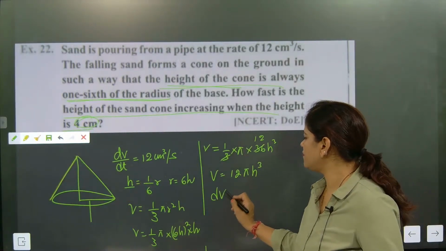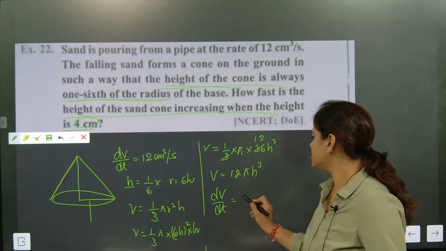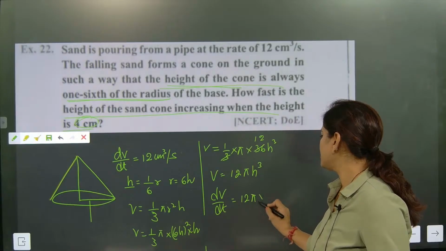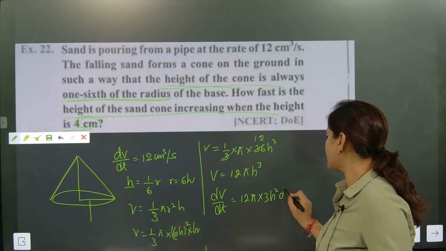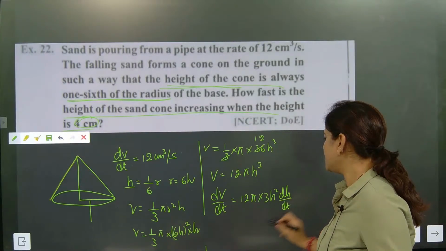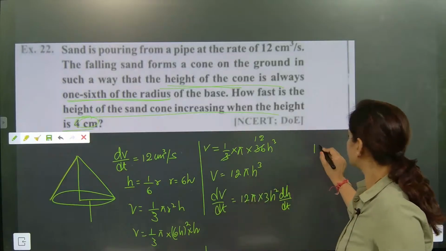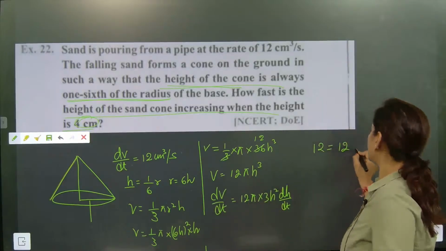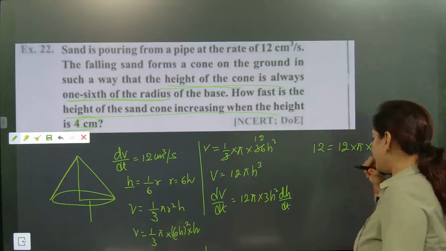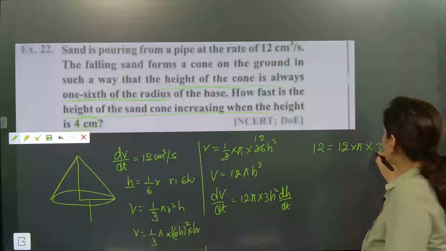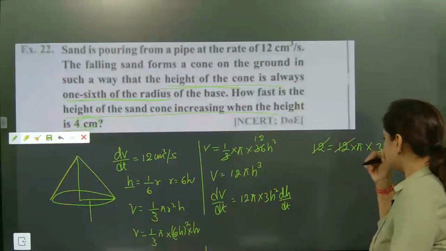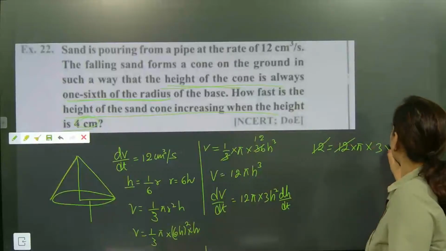So now dv by dt is equal to 12 pi into 3h square dh by dt. Now beta, dv by dt is already given to you as 12. So 12 is equal to 12 into pi into 3h square dh by dt. This 12 and this 12 will get cancelled. h is how much? 4.